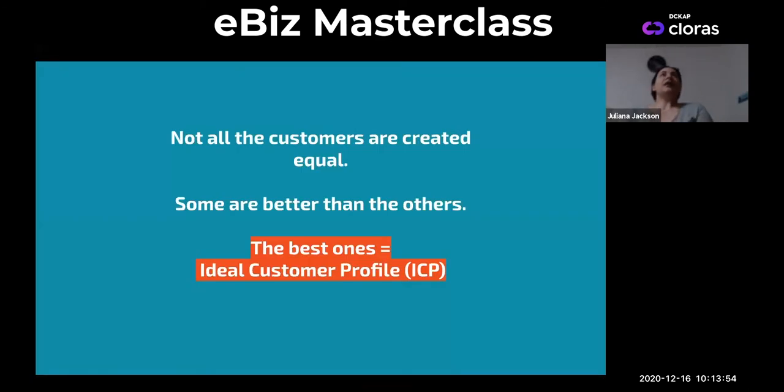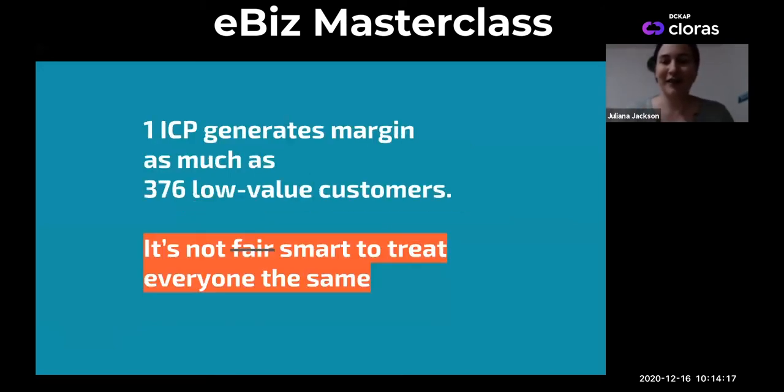So the biggest thing that you need to take from this case study is that not all the customers that you acquire are great. And it depends on you 100% if a customer is willing to buy from you ever again. So that's why some customers are better than others. And the best ones are called the ideal customer profile. And I'm going to tell you exactly how you can find these customers.